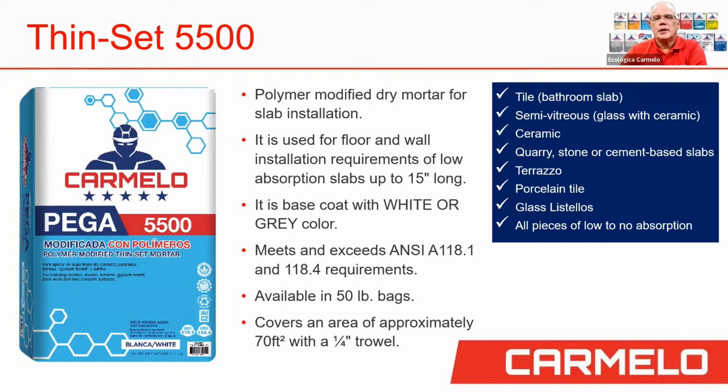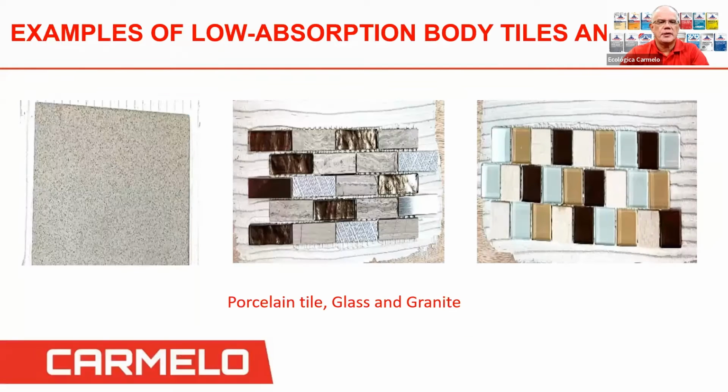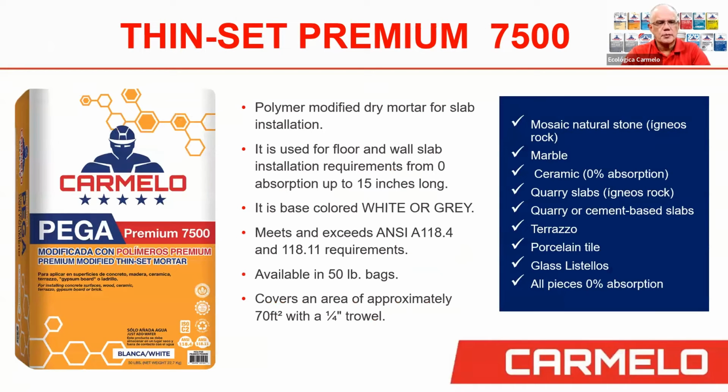And here again, you use it with ceramics, quarry stones, terrazzo. So all those pieces that are low or no absorption, let's say. Here's an example of those: porcelain tile, glass, and granite. So you have to know your tiles and the materials, so you know which mortar to use.